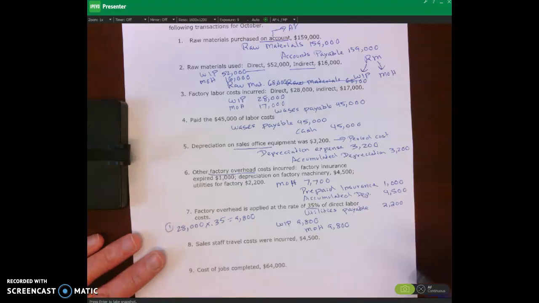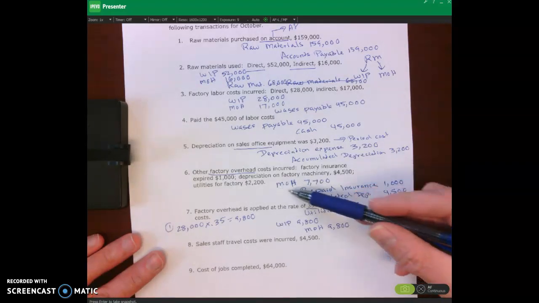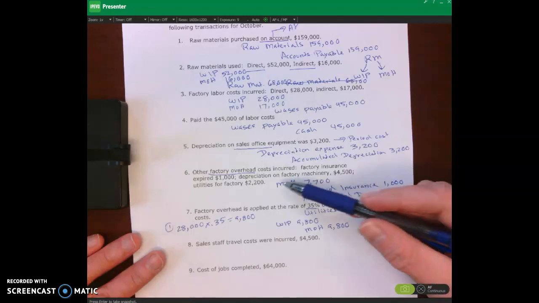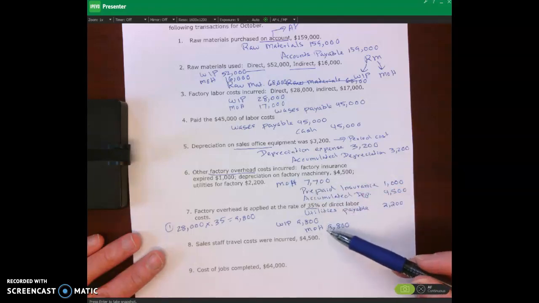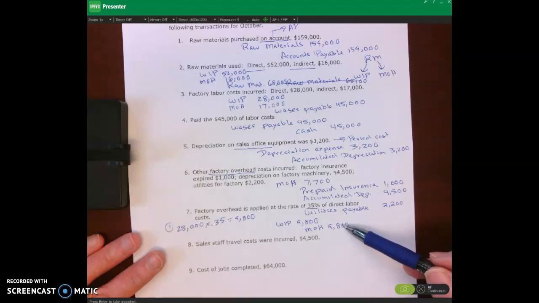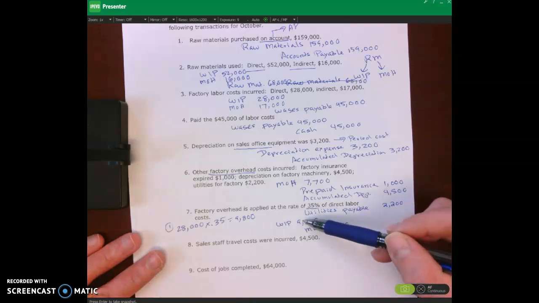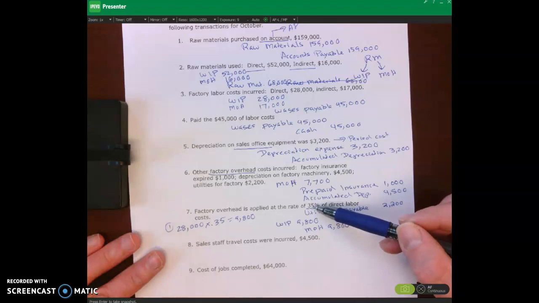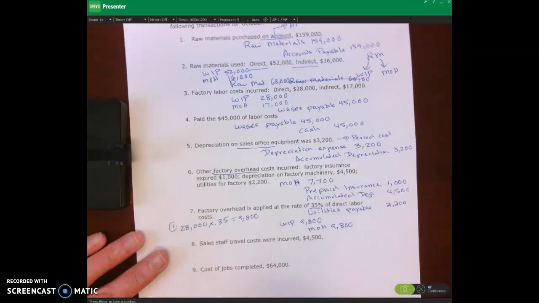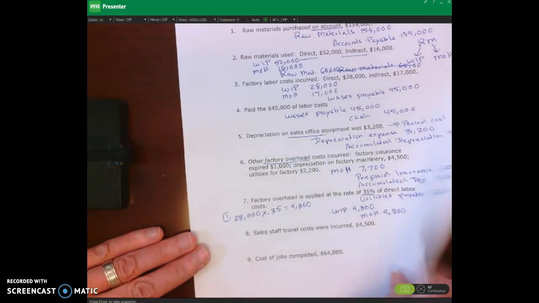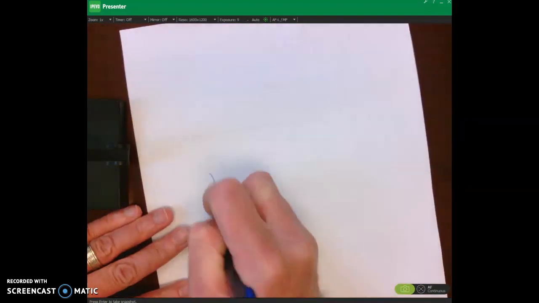So basically what we're doing is we're collecting all of our overhead costs in manufacturing overhead. And then we move some of the overhead costs out of overhead to work in process. How much do we move? It's based upon our predetermined overhead rate. In this case, it's given to us. The way I think of this is almost like a bucket.